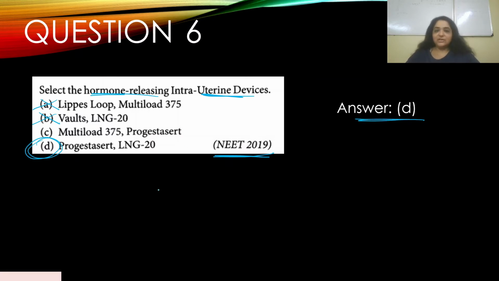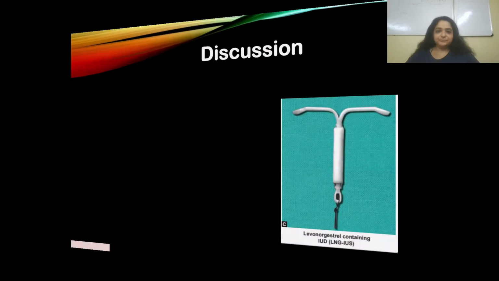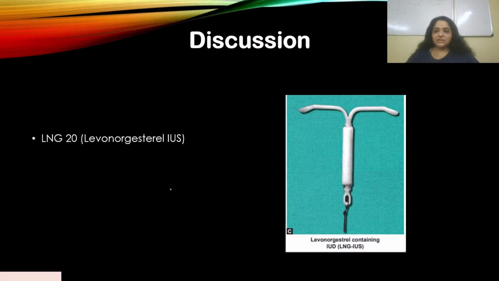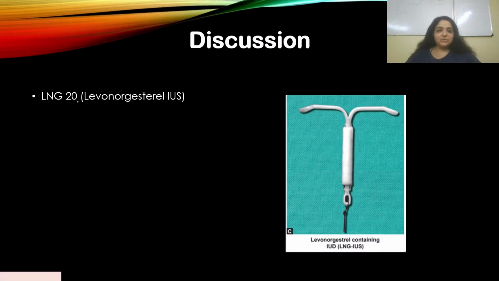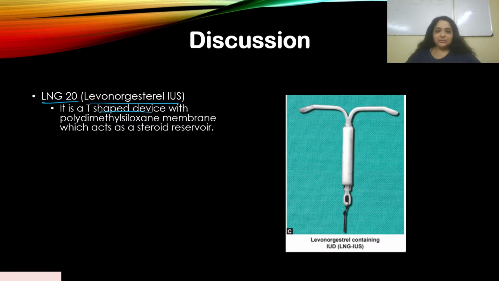Now we look at the different intrauterine devices. This is what an LNG looks like. LNG 20 is also known as levonorgestrel IUS. It is a T-shaped device with a dimethylsiloxane membrane around it, which acts as a steroid reservoir.